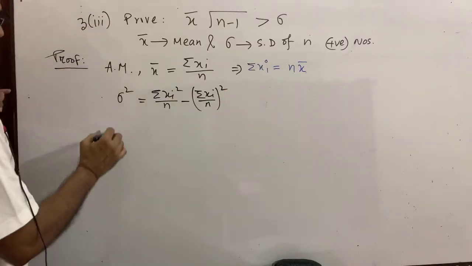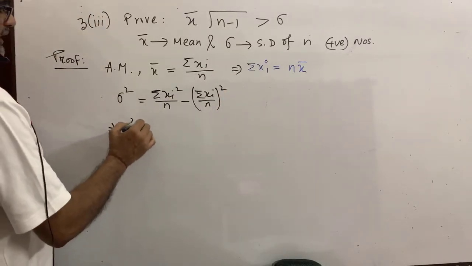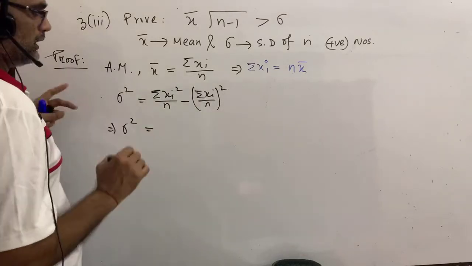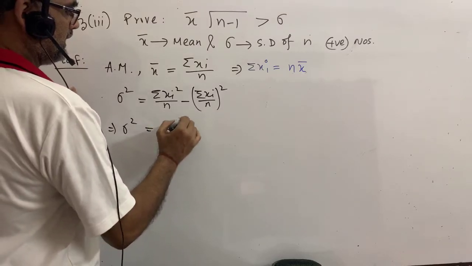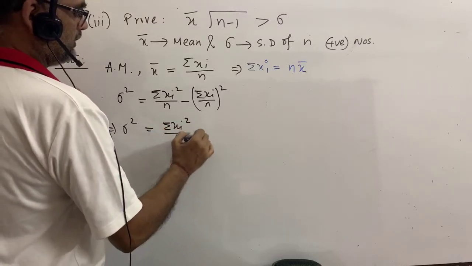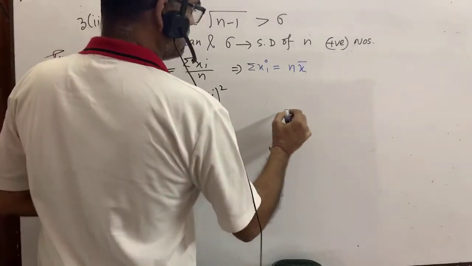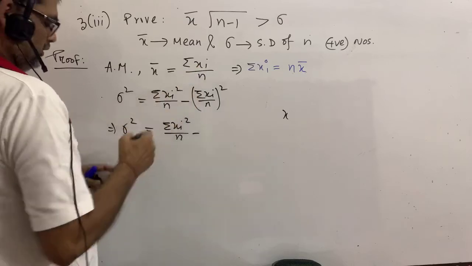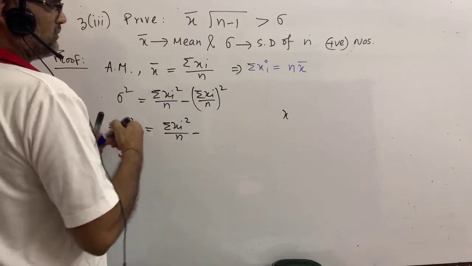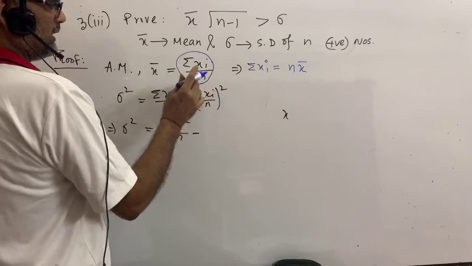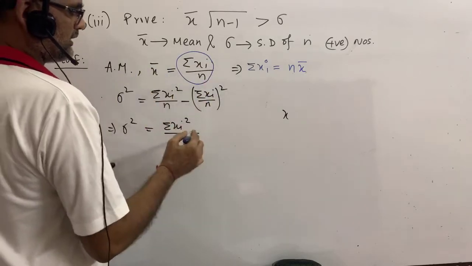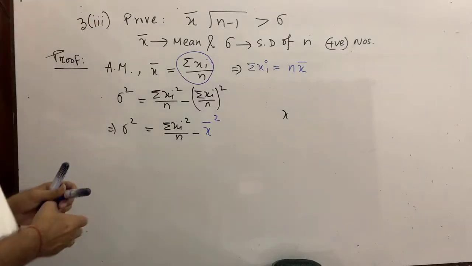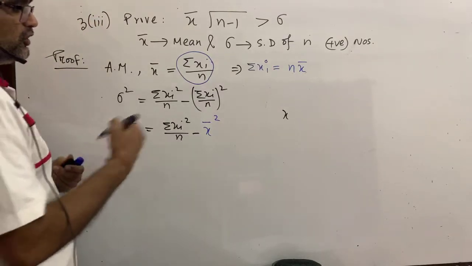From here we can also write that sigma square is equal to summation xi square by n minus, you see, summation xi by n equals to x bar. So we can write here x bar square. So this is equation 1.